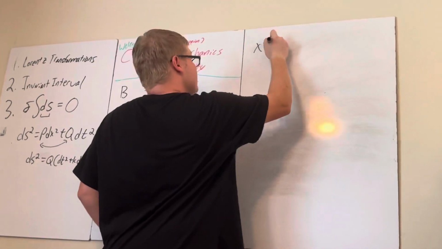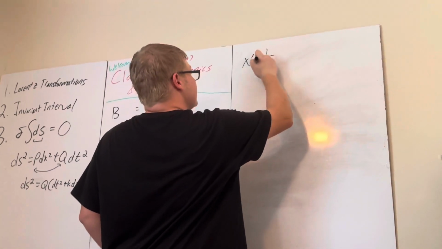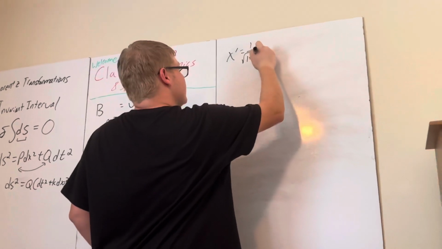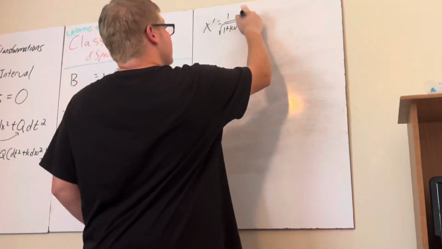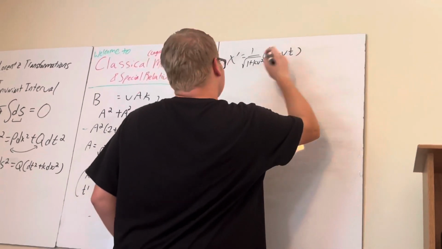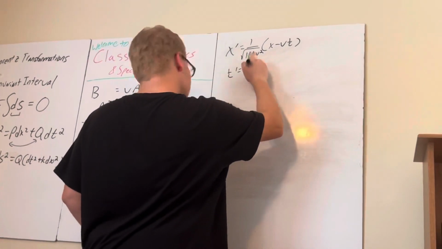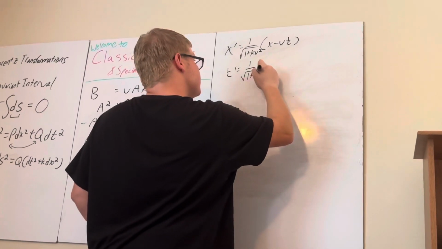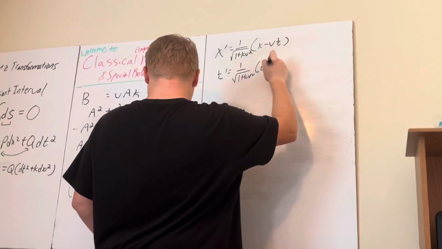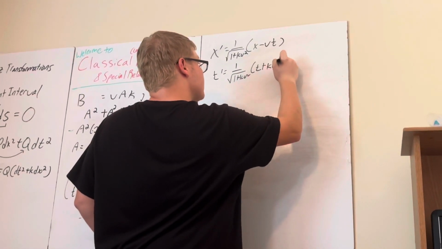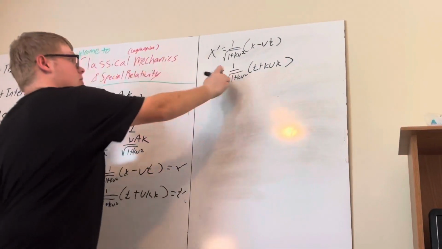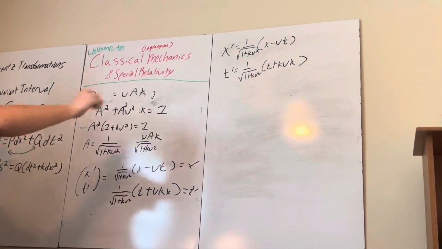X prime equals, and I've done this all in 1D. There we go. Those are our Lorentz transformations up there.